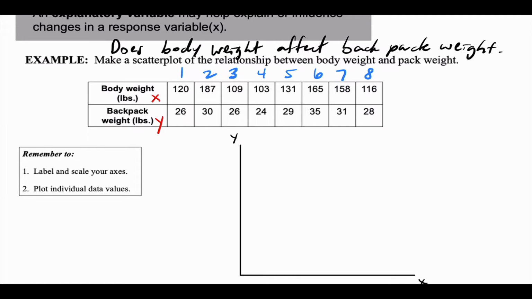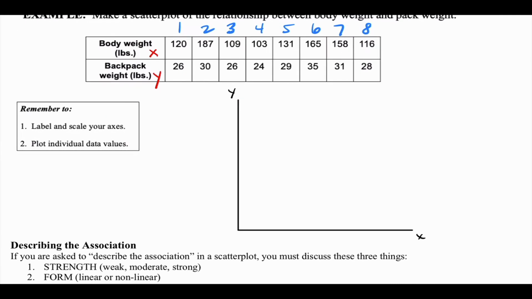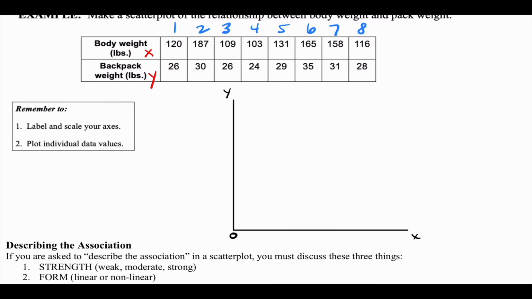Okay. So since we know that, body weight is going to be my X. So I look at my X numbers. My X numbers start at 103, and then the heaviest person is 187. Okay, so I'm going to label, but I'm not going to start with 0. I don't want to start with 0 because all of my numbers are in the hundreds. So I skip ahead a bunch of numbers.